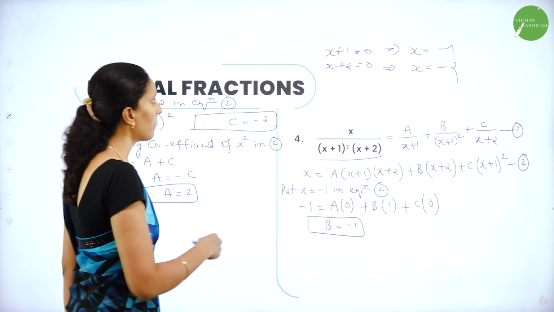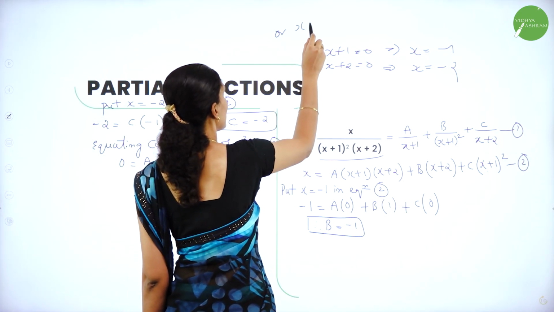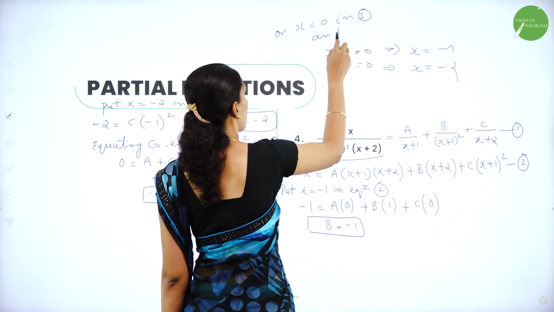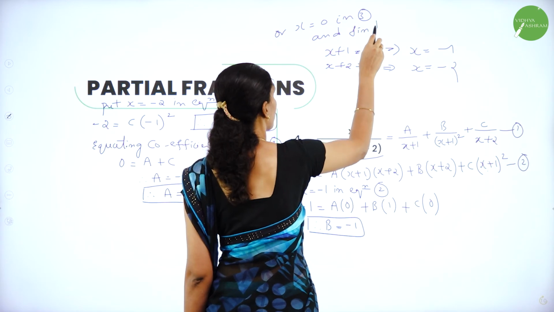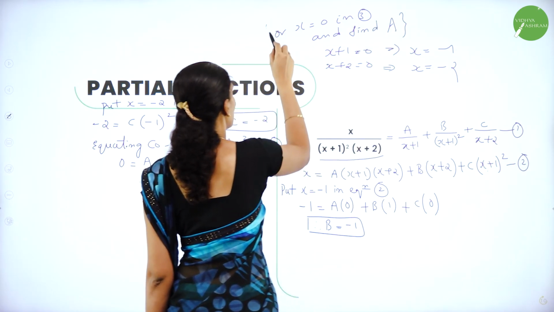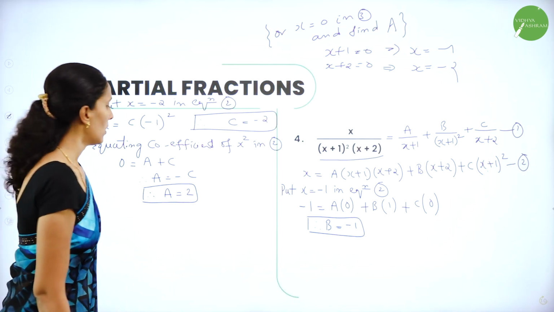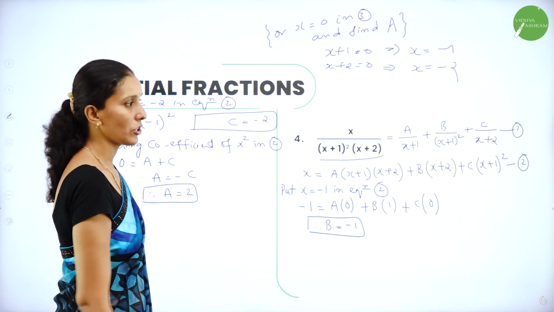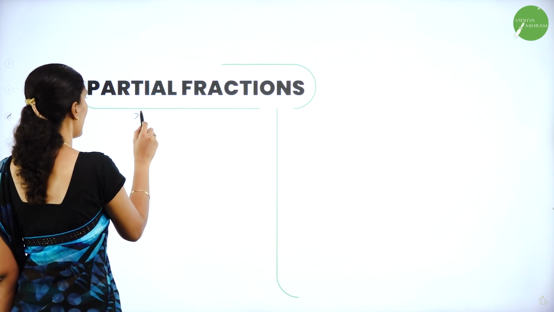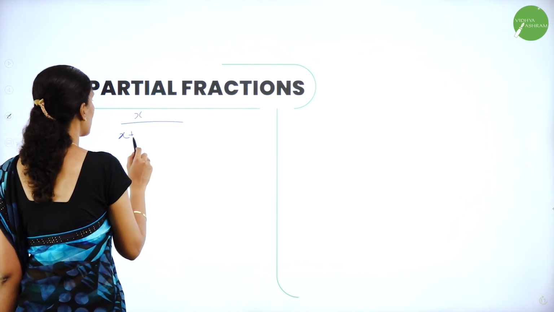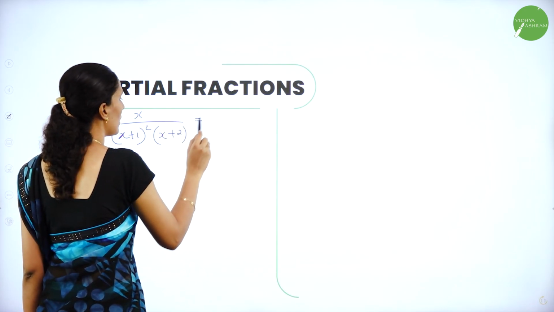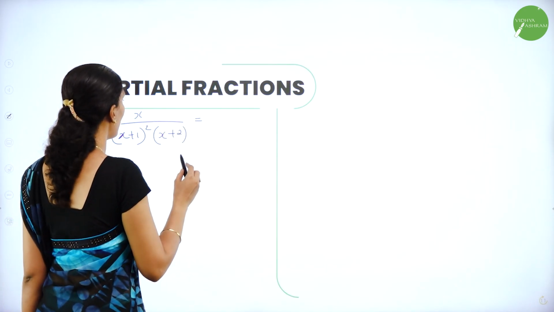Or you can put x is equal to 0 in equation 2 and find a. This is also applicable. So now a is equal to 2 you got. So when you substitute this in equation 1, what I get? x divided by (x + 1)² (x + 2) is equal to, so a by (x + 1).